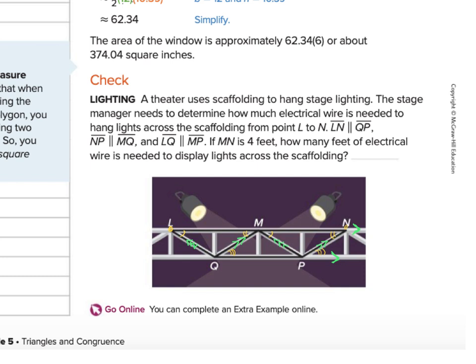Let's see. MN is 4 feet. So this is 4 feet. Then how many feet of electrical wire is needed to display? Let's see here. This angle should be the same as this angle.